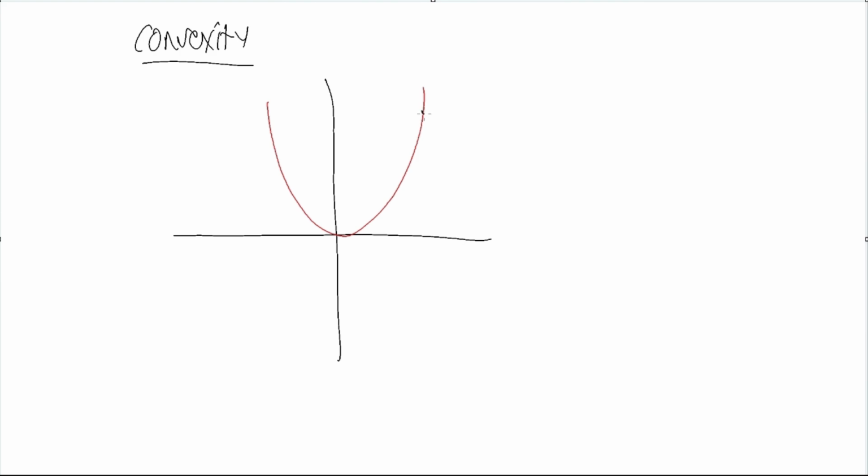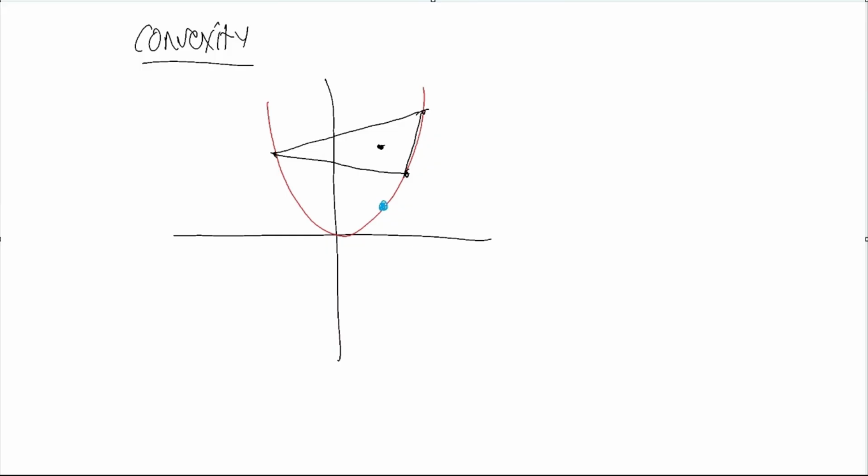Now, suppose we choose 3 points on this graph. So we could have x1, x2, with x1 squared, and so on. And now let's take the centroid of those points. When we do that, we have something like here. This is like the center of mass. And then we have the point right below it.